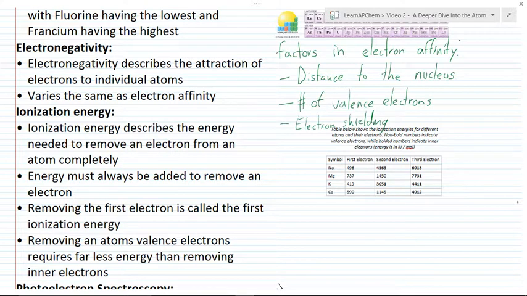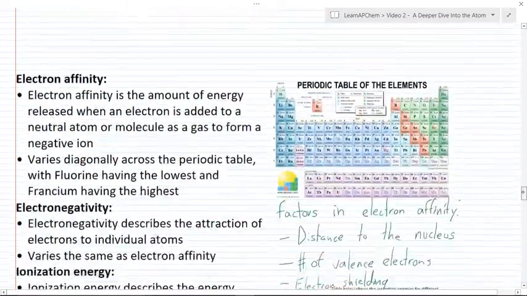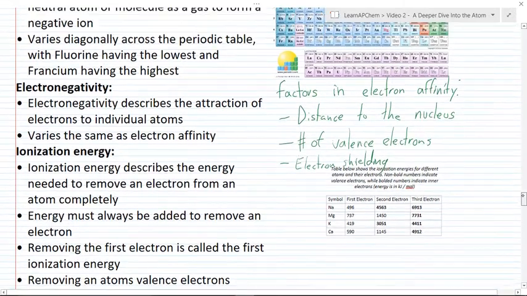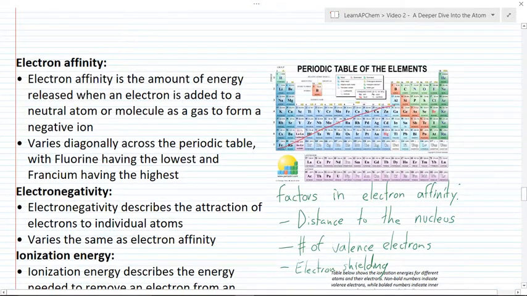Explain the ionization energy exceptions. Are you talking about exceptions to the trend of ionization energy, where as we go up this way, our ionization energy increases?